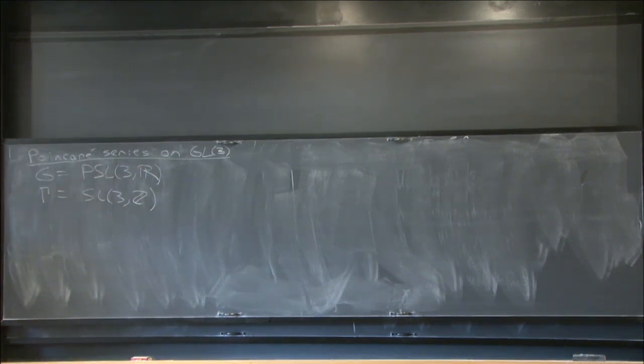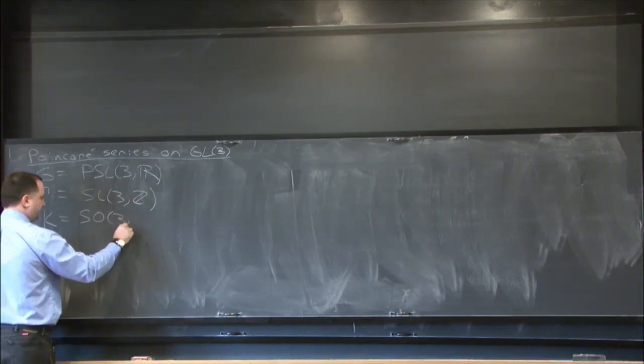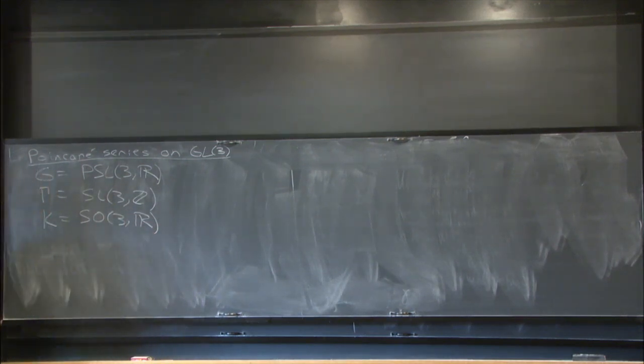I had a couple of decompositions, the Iwasawa decomposition and the Bruhat decomposition, and those are formed of pieces. First of all, the most important thing here is going to be this SO3R, the maximal compact subgroup.